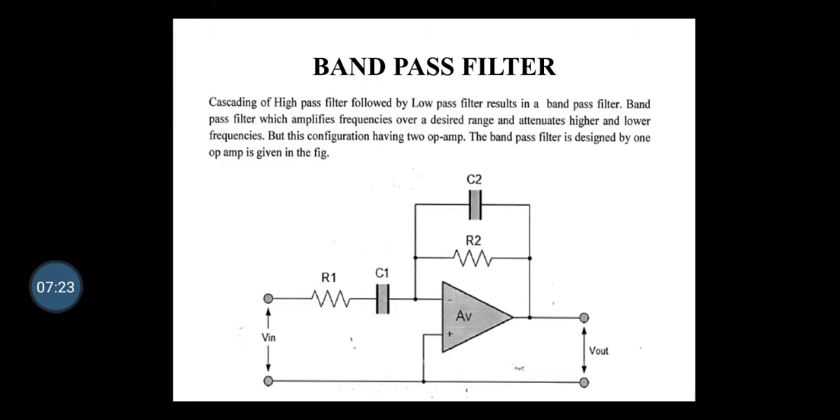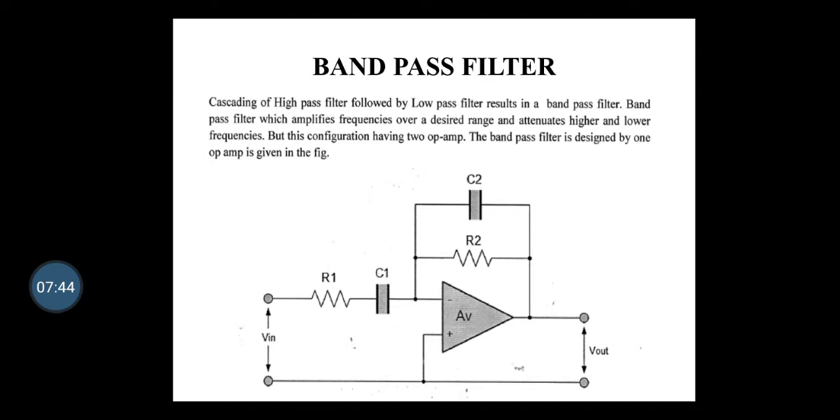Then we are going to enter into band pass filter. Band pass filter is nothing but cascading of high pass filter followed by low pass filter resulting in a band pass filter. Band pass filter amplifies frequencies over the desired range and attenuates higher and lower frequencies, but this configuration has two operational amplifiers.